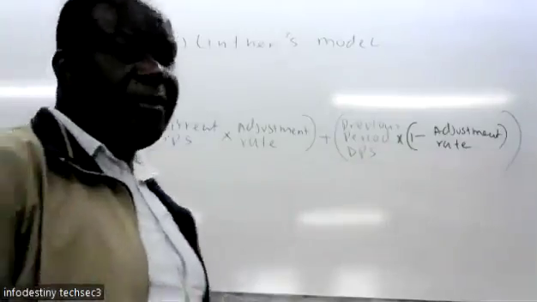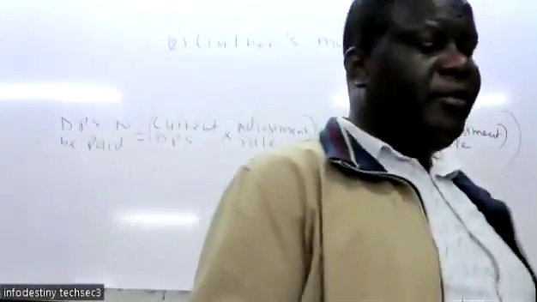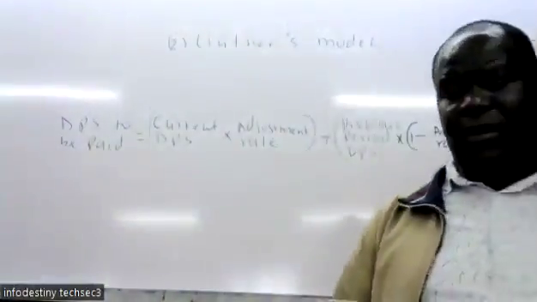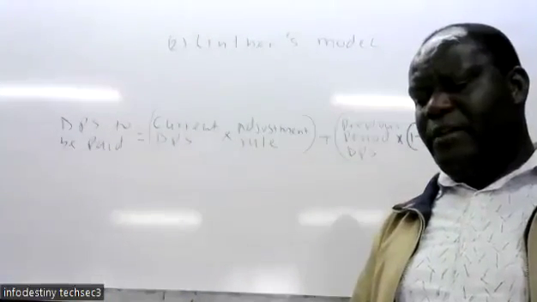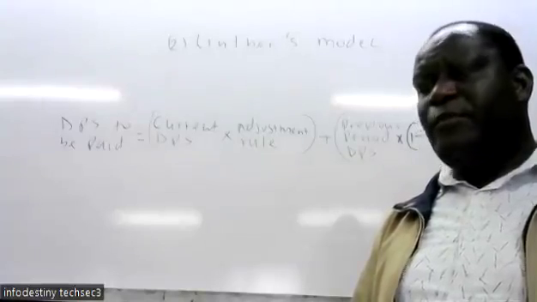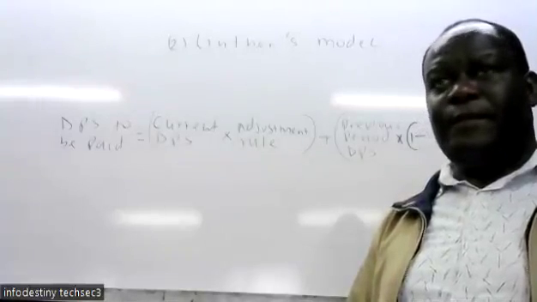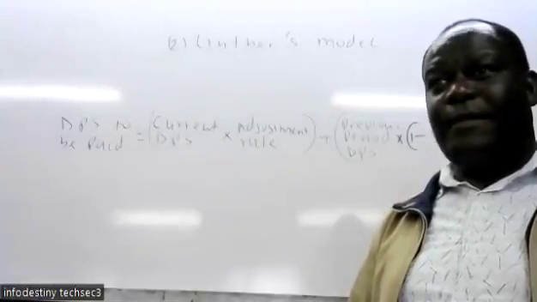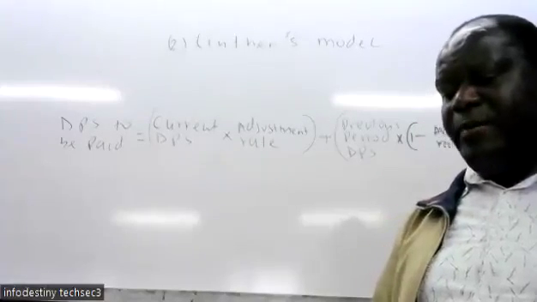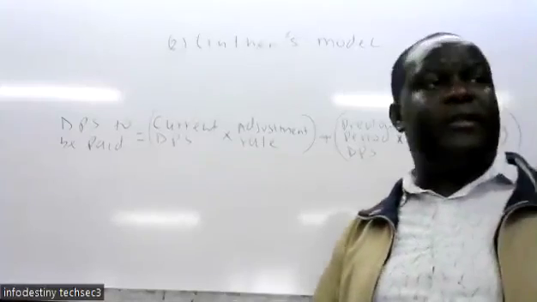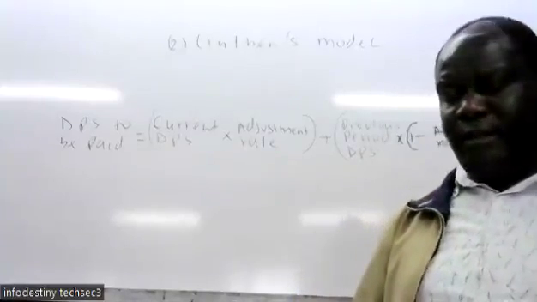That question 2, part B, it reads that the following information relates to the dividend per share of Somolo Limited. You have seen the question? So earning per share for the year 2016 was given as 6.